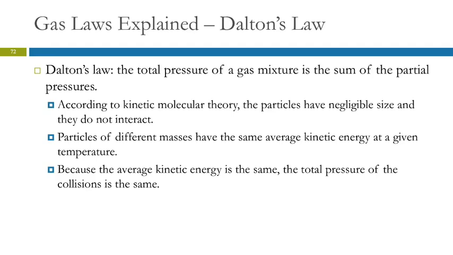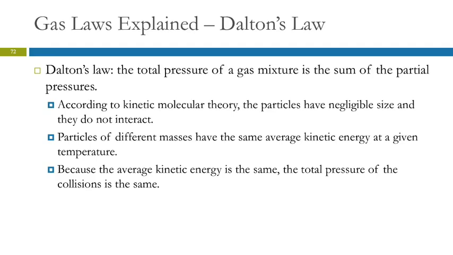Dalton's law of partial pressures. Total pressure of a gas mixture is the sum of the partial pressures. Well, kinetic molecular theory tells us that the particles have negligible size and they don't interact with each other. So we've got particles of different masses, but they have the same average kinetic energy because that's what the temperature is. It's the average kinetic energy.